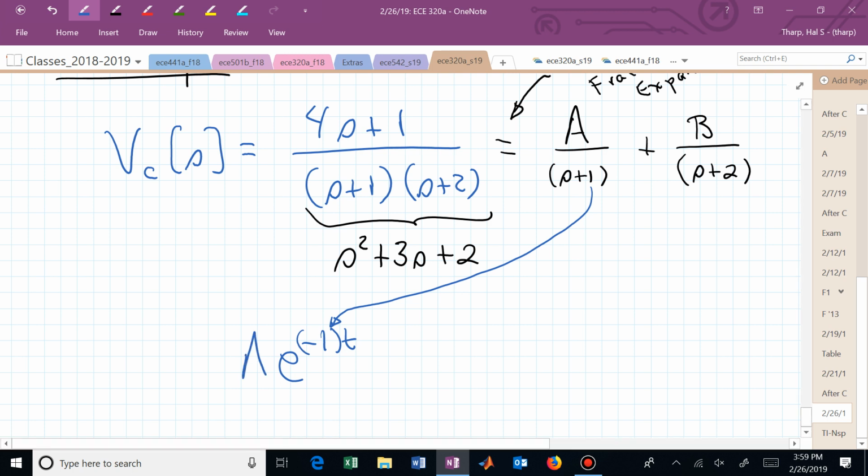It will be weighted by a. This is now going to give rise to the first part of our time domain expression for little v sub c of t. We know that if we Laplace transformed e to the minus t, we would end up with something over s plus 1.